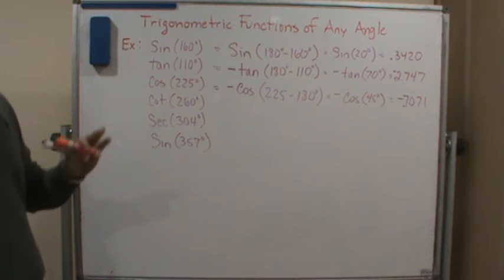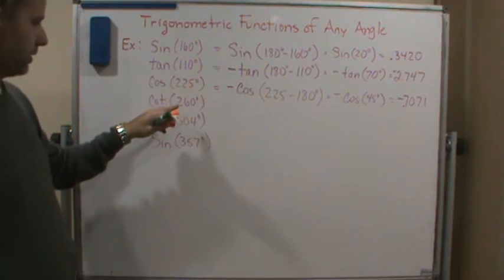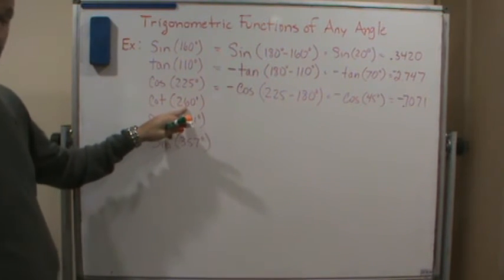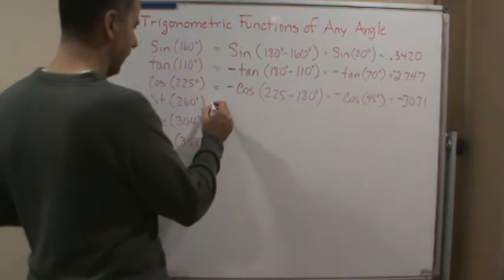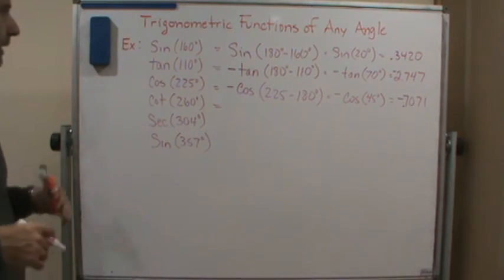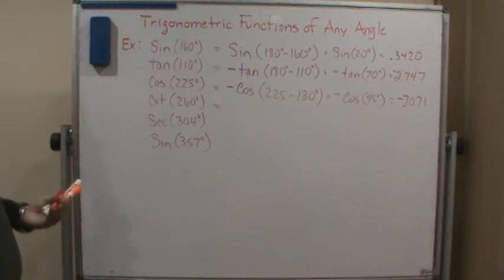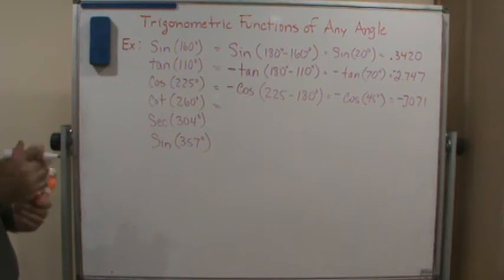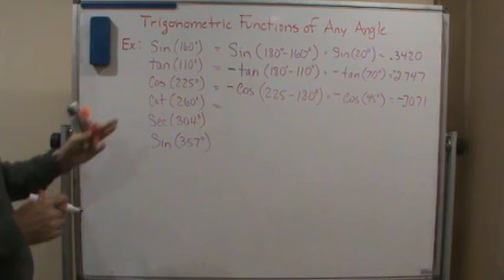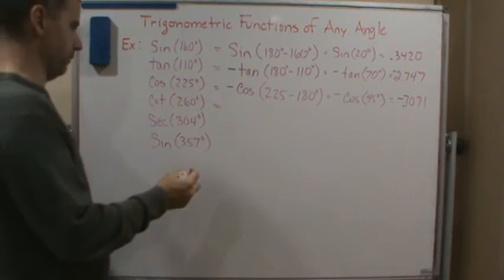So now, cotangent of 260 degrees. 260 degrees is again in the third quadrant, so we're going to subtract 180 from this to get our reference angle. Tangent is positive in the third quadrant, so cotangent is also positive.